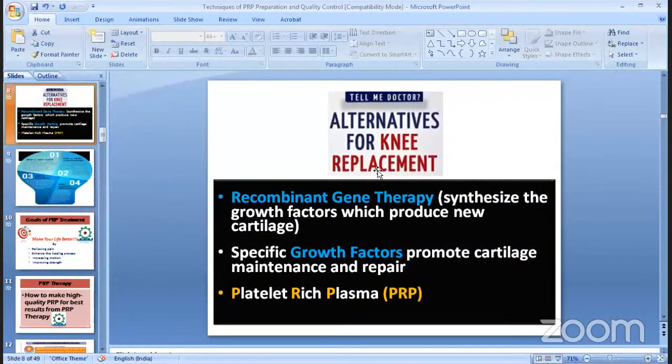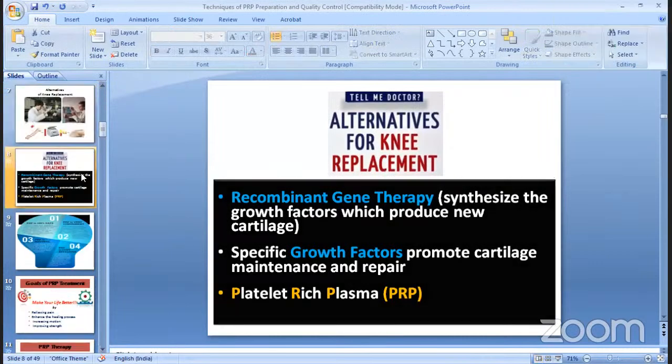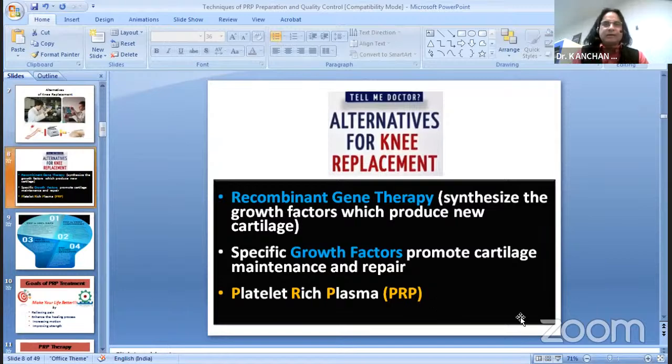Also the specific growth factor that promotes the cartilage and maintains it. Your PPT is not visible. Can you just change it? Yes, just exit and reshare. Just make it a PowerPoint slide now. Yeah, now it is visible. Can you make it into a slideshow? Presentation mode is not visible.